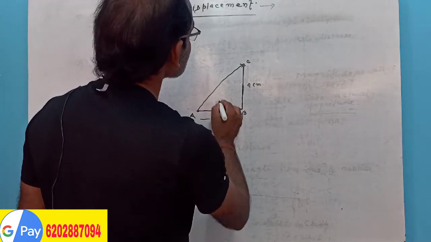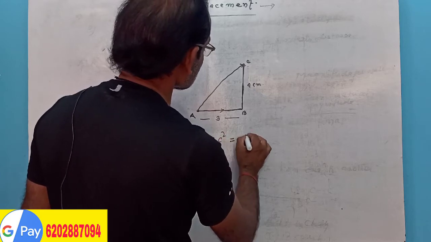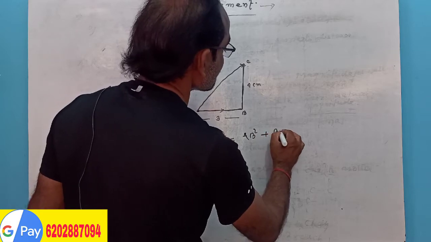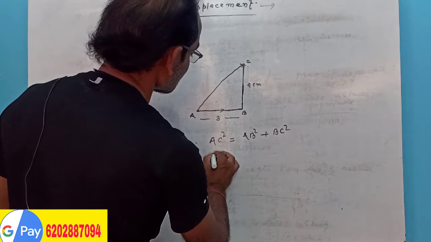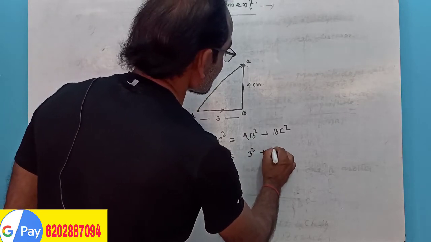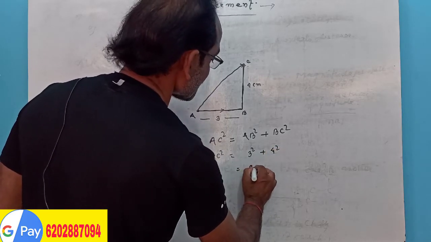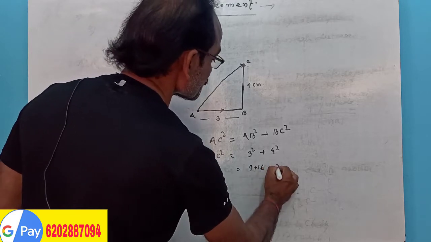Therefore, AC square equals AB square plus BC square, or AC square equals 3 square plus 4 square, that is 9 plus 16, or equals 25.